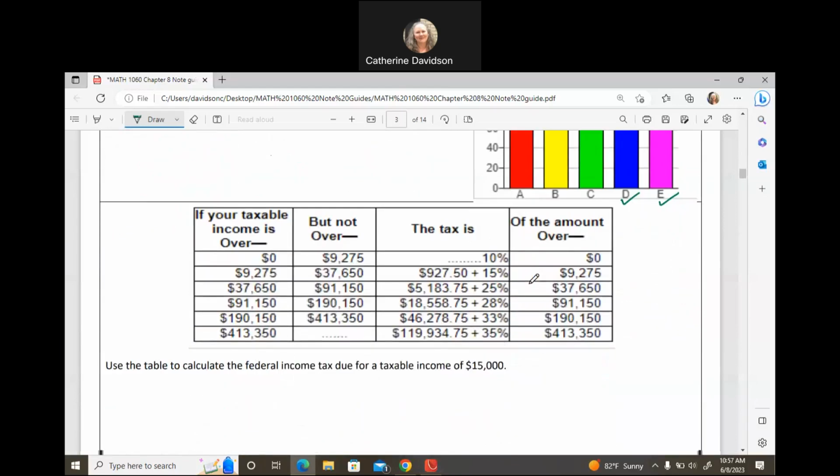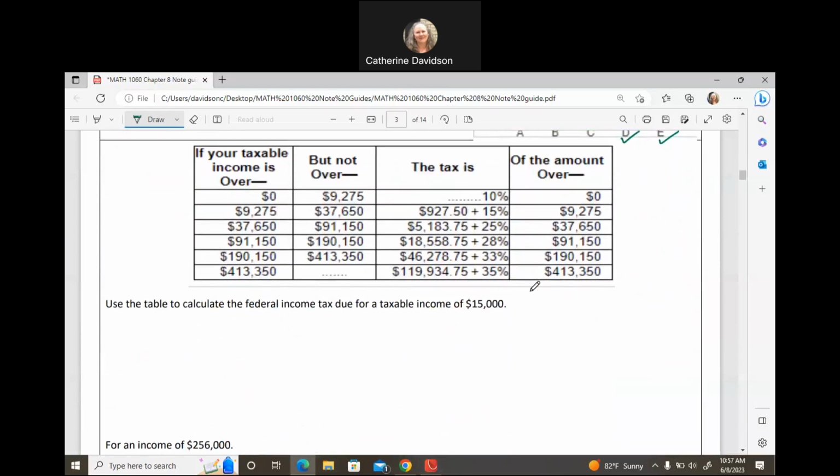The last one for this section is a tax table. You may be a little confused on this at first. That's okay. If you go to do the homework and you're stuck, send me an email. I can just do a quick video, maybe work an extra one, or just set one up and send that to you. All right, so this is your income, these are your income ranges.